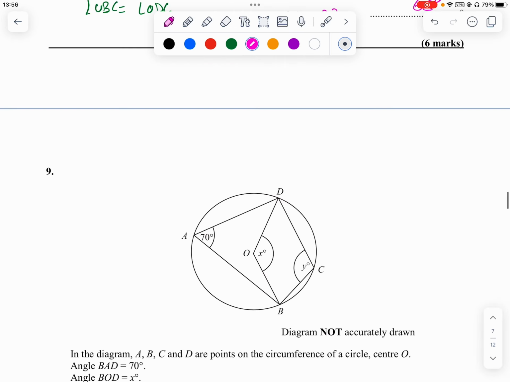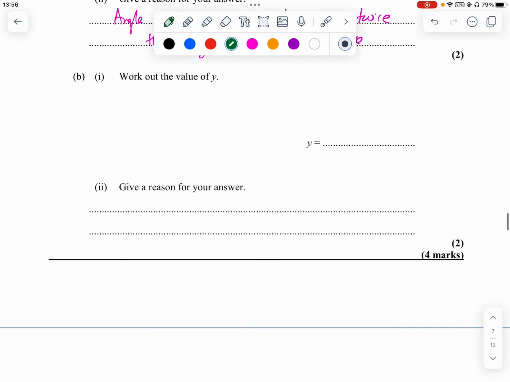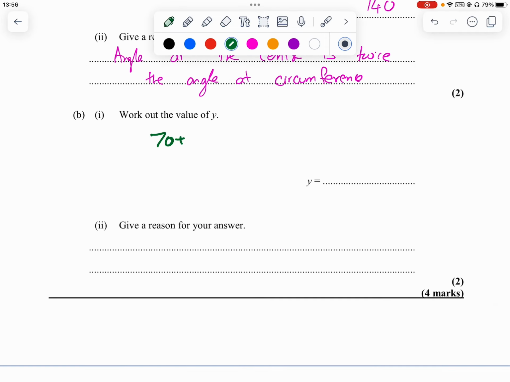Work out angle y. Now we know ABCD is a cyclic quadrilateral. Sum of opposite angles is going to be 180 degrees. So 70 plus y equals 180, y equals 110 degrees.